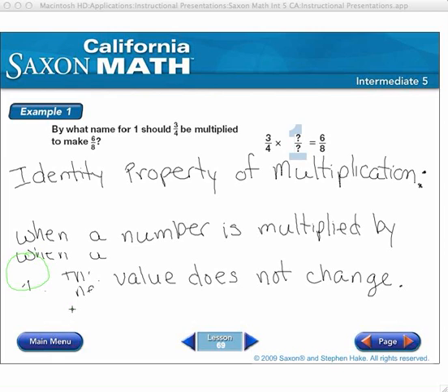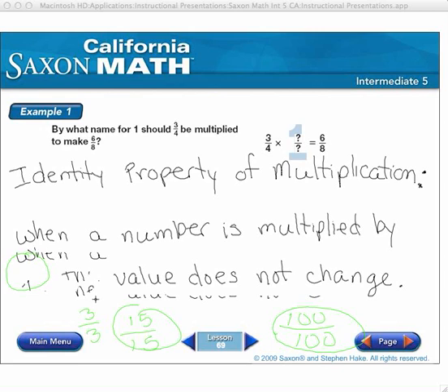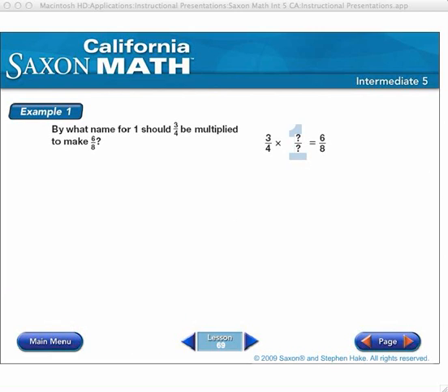For example, 3/3, 15/15ths, 100/100ths. It doesn't matter, but all three of these are equivalent to 1. So let's see how this applies then to our problems.